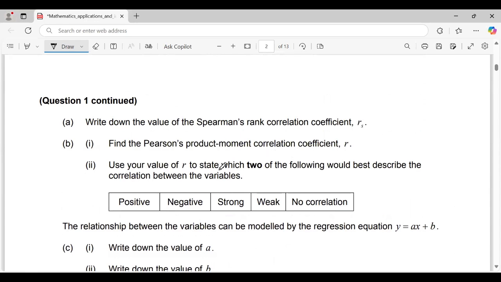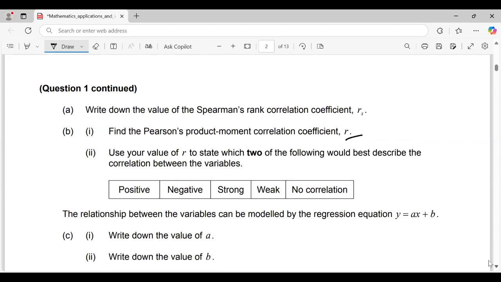Now use your value of r to state which two of the following will best describe the correlation between the variables.